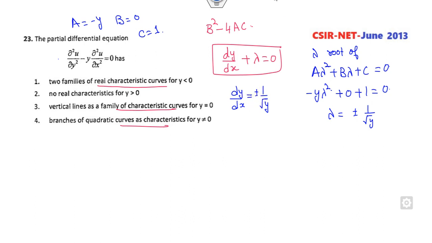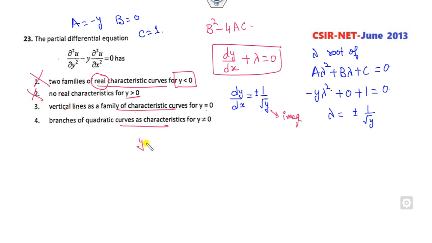Now check the two families of curves when y is less than 0. When y is less than 0, this part is imaginary, but they are talking about the real ones. So this option is cancelled. Whenever y is greater than 0, we will always get real roots.